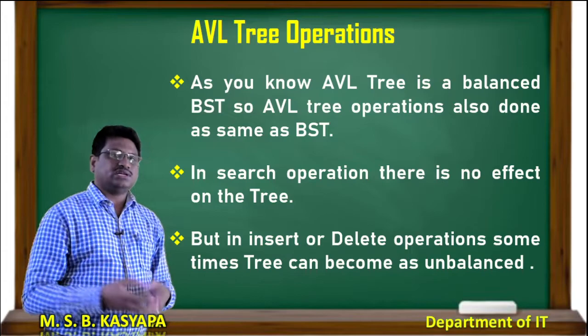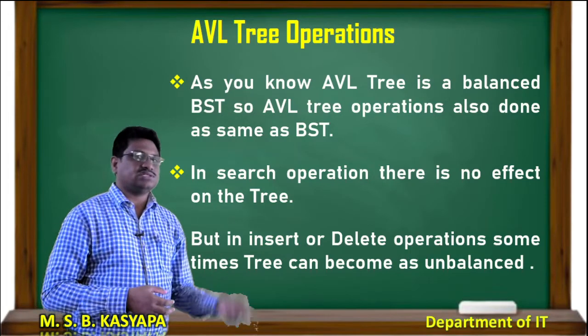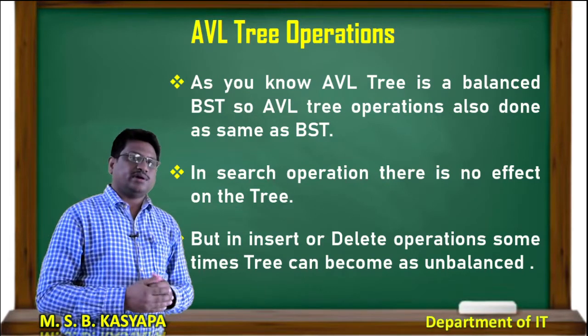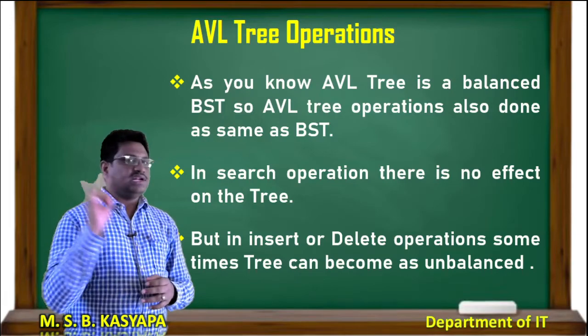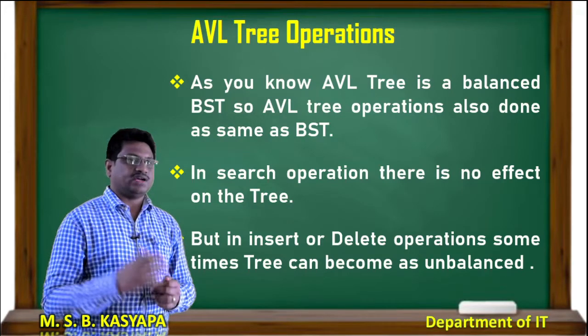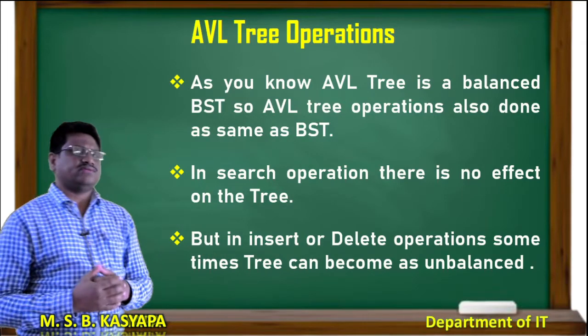If I want to insert, I will find the desired leaf node, and I will set it as a child for that node. If I want to delete, I have 3 rules. All right, I can delete a leaf node, delete a node with 1 child, delete a node with 2 children. I can do anything. So, the same operations I can apply here in the AVL tree also.